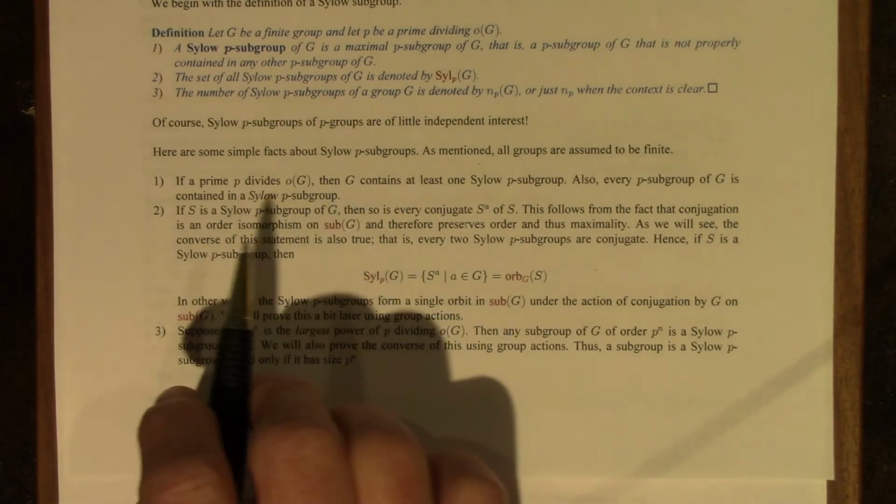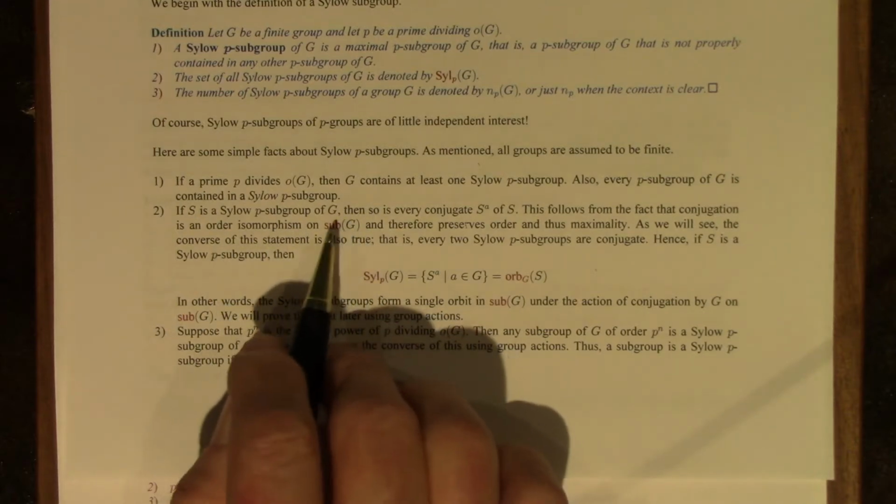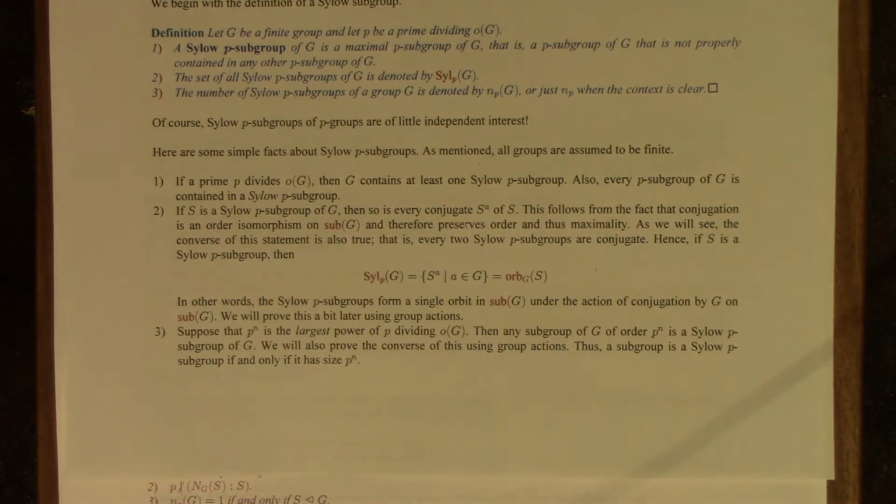Number two, if S is a Sylow subgroup of G, then so is every conjugate of S. And this follows from the fact that conjugation is an order isomorphism on the subgroup lattice, Sub G. And so conjugation preserves order, and therefore it preserves maximality. We will see later that the converse of this statement is also true.